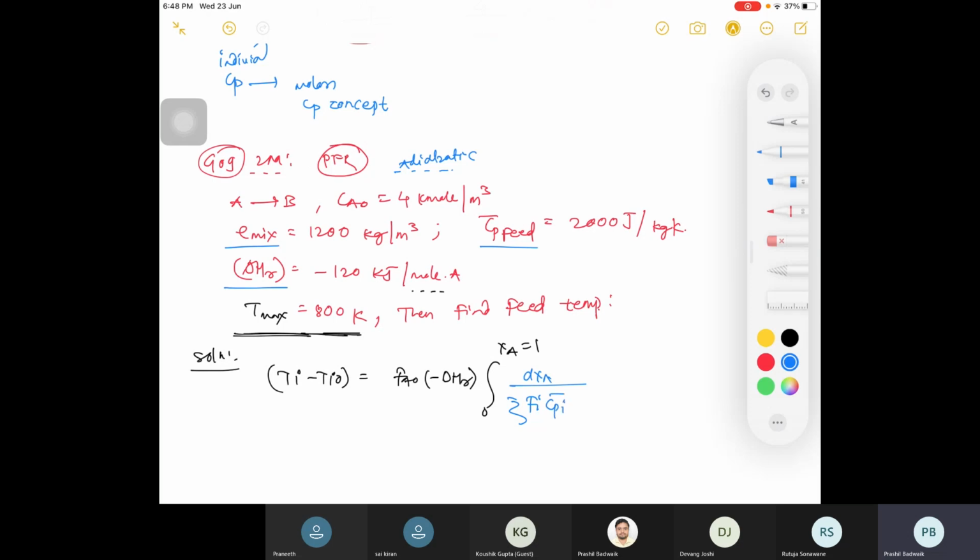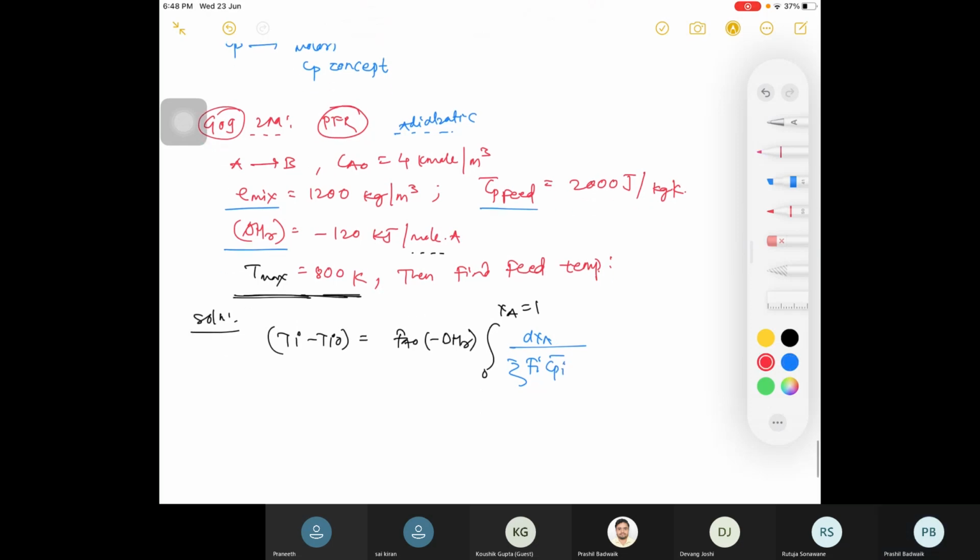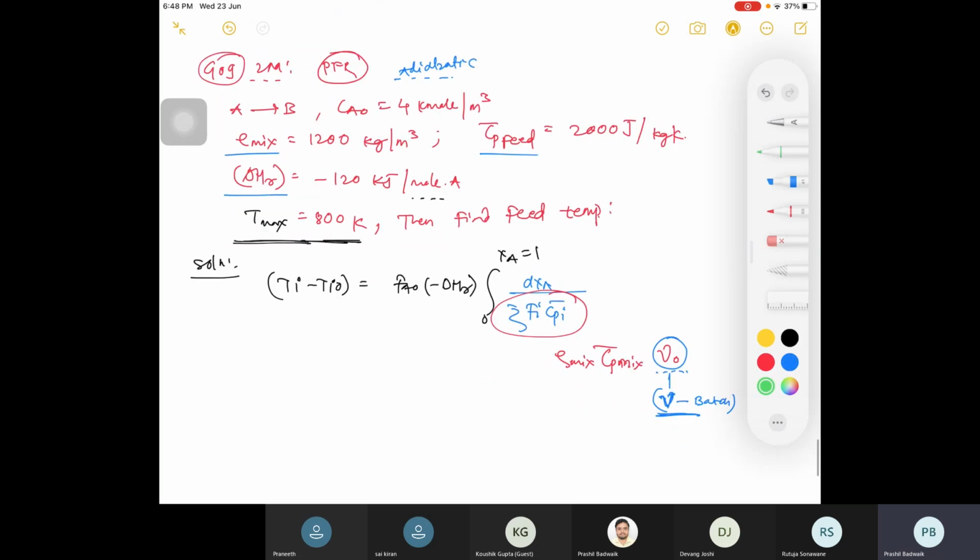Instead of this you can write density of mixture, Cp mean of mixture, and nu naught, the volumetric flow rate in case of PFR, and it is volume in case of batch reactor. Please keep this in mind. Now tell me what is your given data and what you need to calculate. That is your Ti naught.